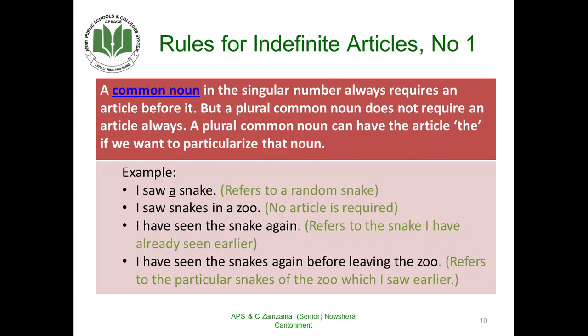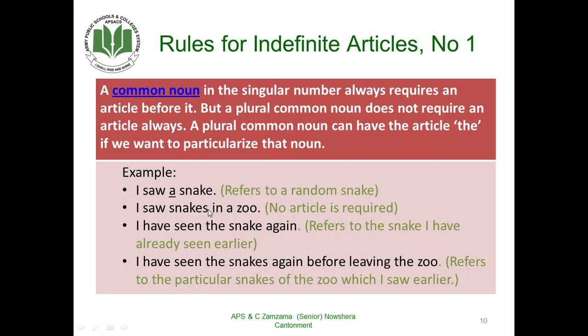But a plural common noun does not always require an article. A plural common noun can have the article the if we want to particularize that noun. For example, I saw a snake. Now it refers to a random snake. I saw snakes in a zoo. No article is required here because we are talking about the plural common noun.